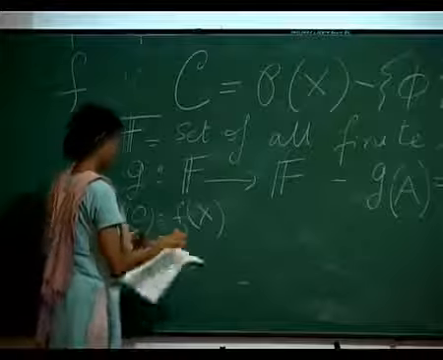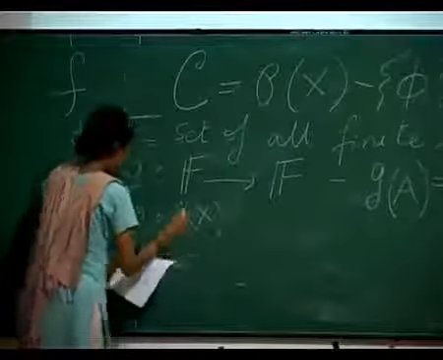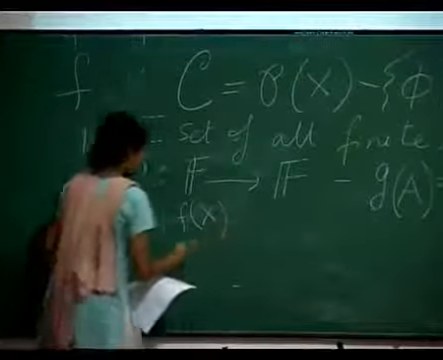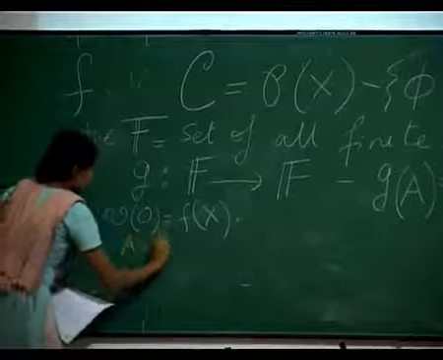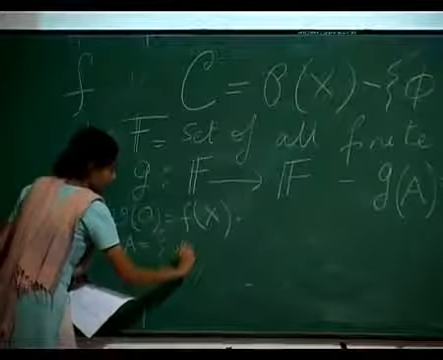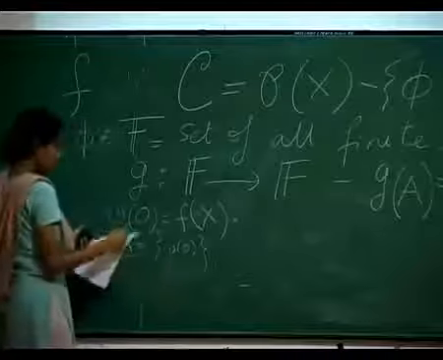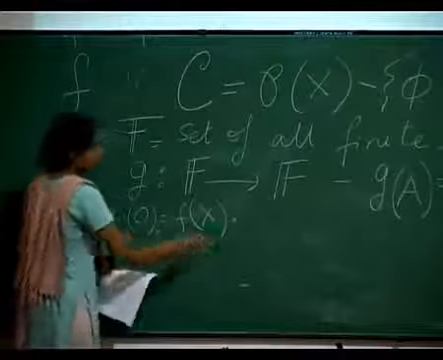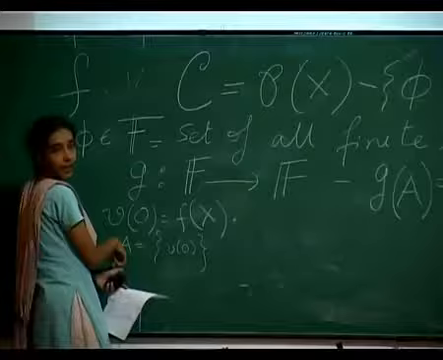Then I take one singleton set, that is one finite set V0, and I see what is G of this finite set.